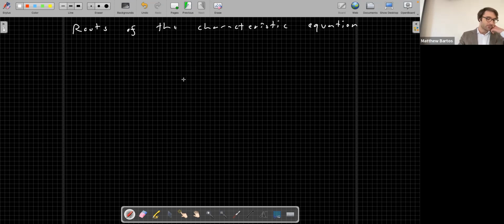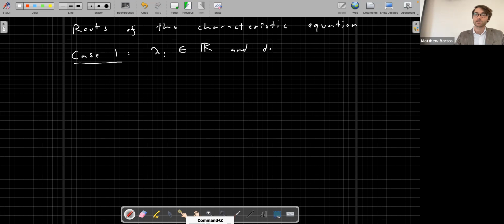Okay, so first, let's look at case number 1. We're going to look at a root lambda_i that is real. So lambda_i is in the real numbers and distinct. In other words, lambda_i is not repeated. There's only one root with the value lambda_i.